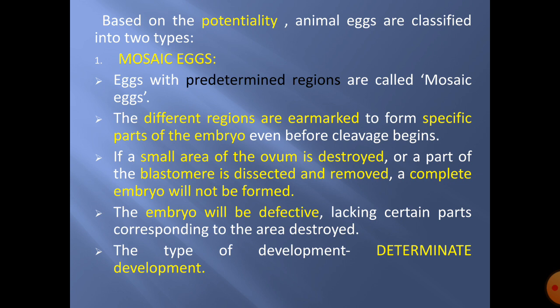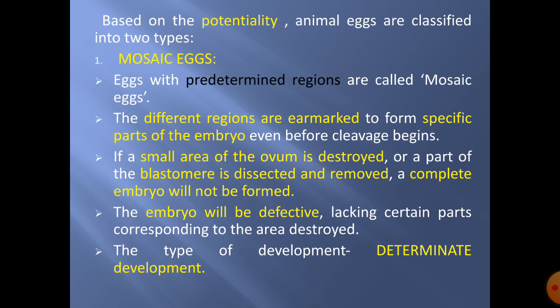If a small area of the ovum is destroyed, or a part of the blastomere after the onset of cleavage is dissected and removed experimentally, the complete embryo will not be formed. The embryo will be defective, lacking in certain parts corresponding to the area destroyed.